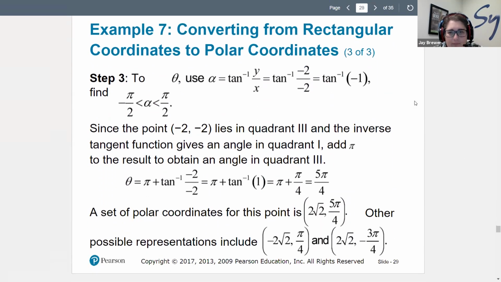Okay, so they worked it out pretty similarly to the last problem, but we have to realize that we're in quadrant 3. So to go from quadrant 1 to quadrant 3, we have to add pi.